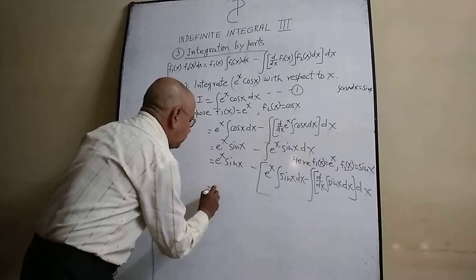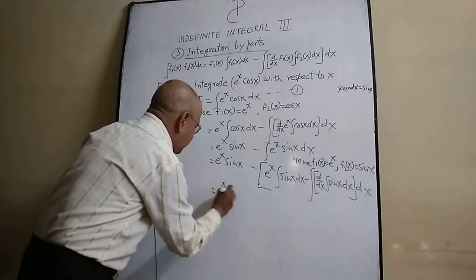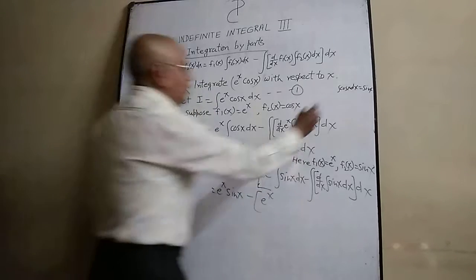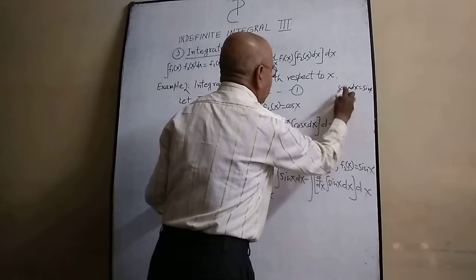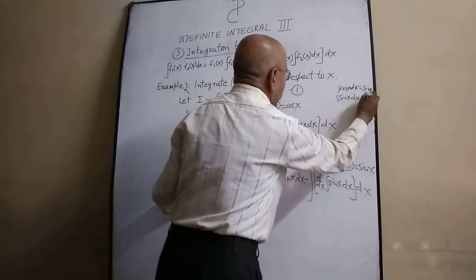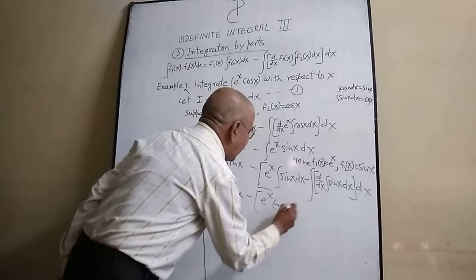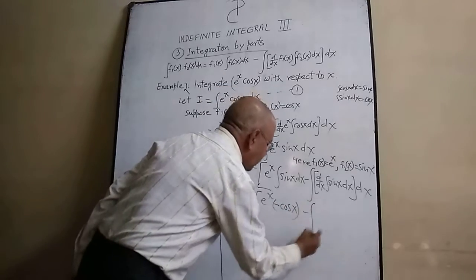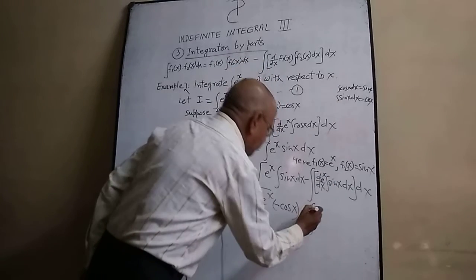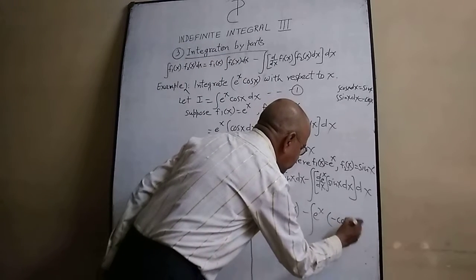Now the first term is as it is, and this is written as e to the power x sin of x minus e to the power x times the integration of sin of x, which is equal to minus cos x, and therefore it is written as minus cos of x, and this is minus the integration of e to the power x, again e to the power x, times minus cos of x dx.